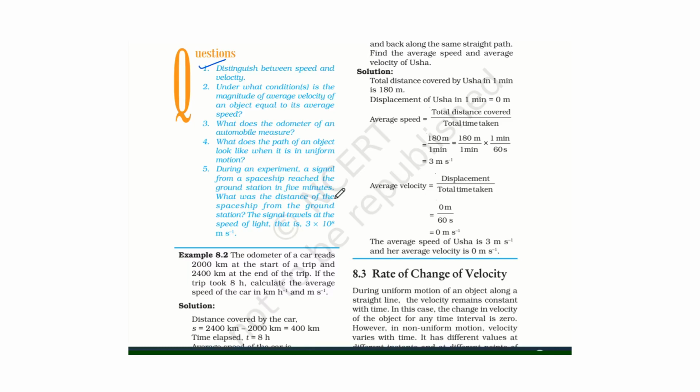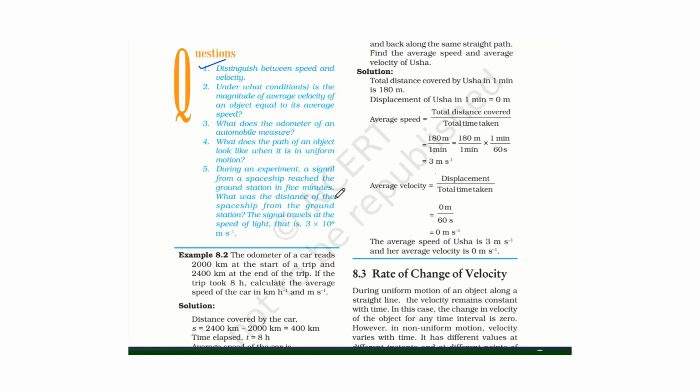Speed can never be negative, it can be zero, but velocity of the object can be negative, positive as well as zero, because velocity is equal to displacement upon time, and displacement is a vector quantity. It can be positive, it can be negative, it can be zero.